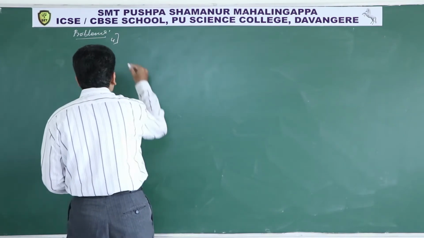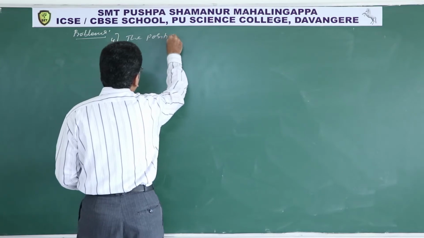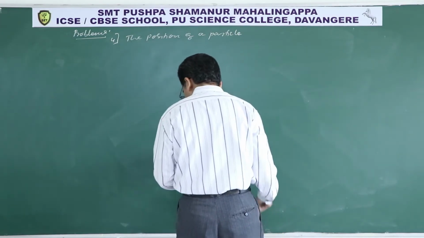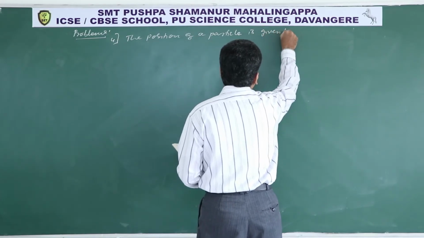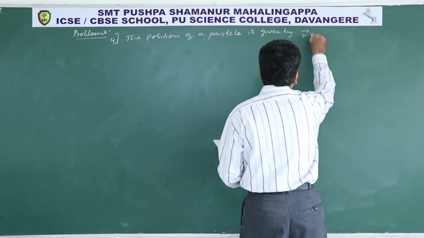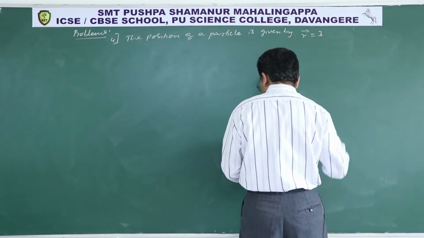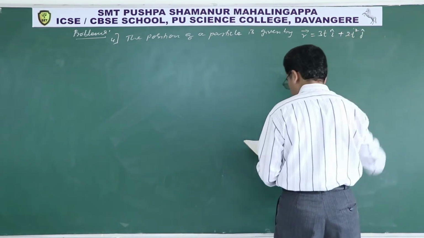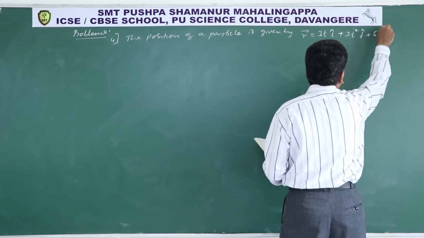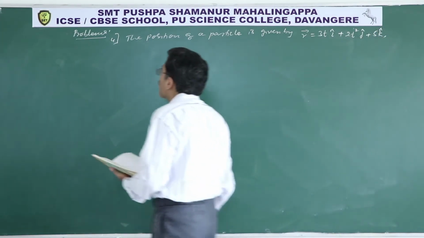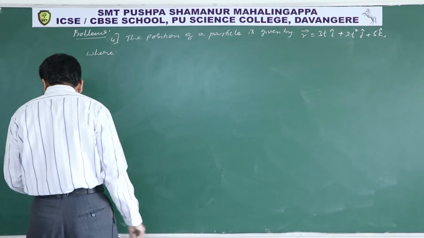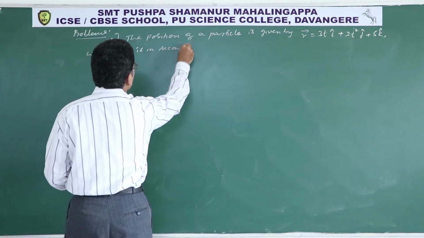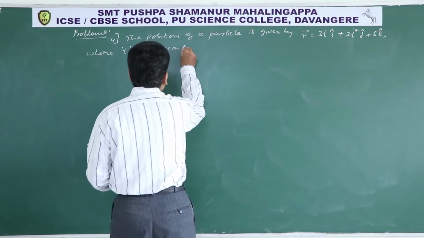The position of a particle is given by r is equal to 3t into i cap plus 2t square into j cap plus 5 into k cap, where t is in seconds and the coefficients have proper units.